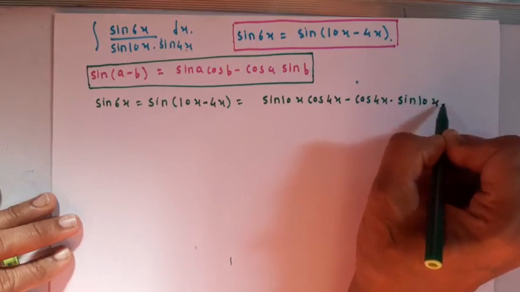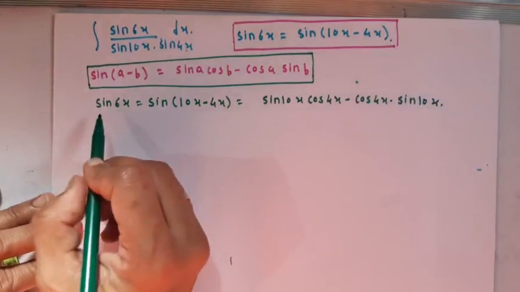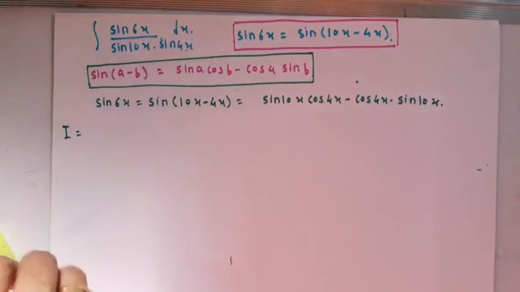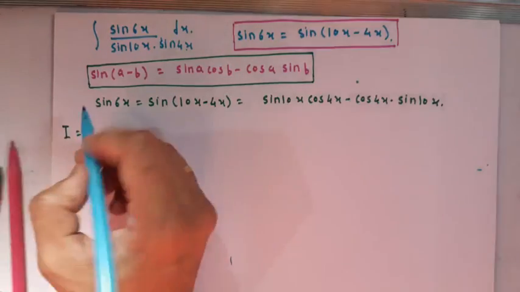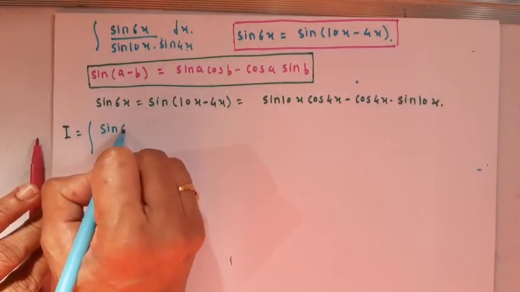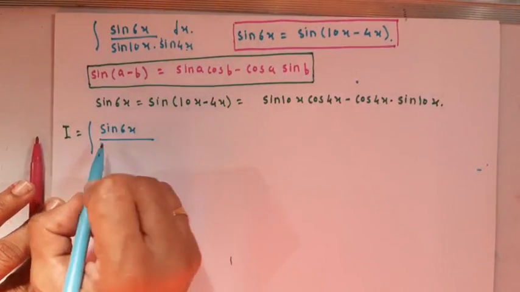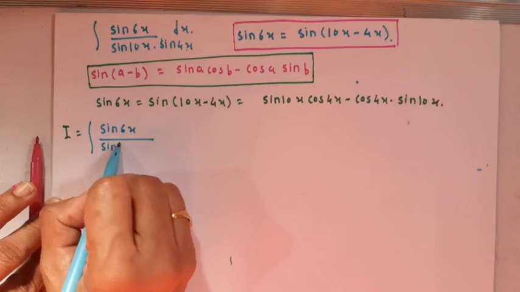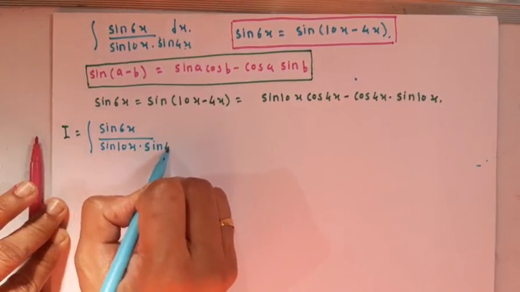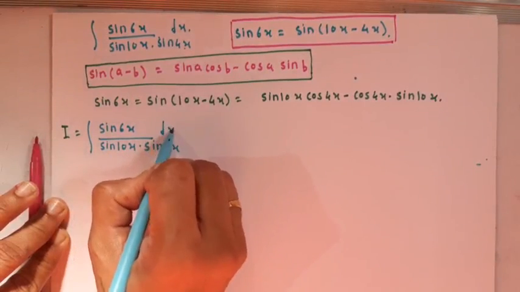Okay students, and hence the integration I equals integration of sin of 6x upon sin of 10x into sin of 4x with respect to x.